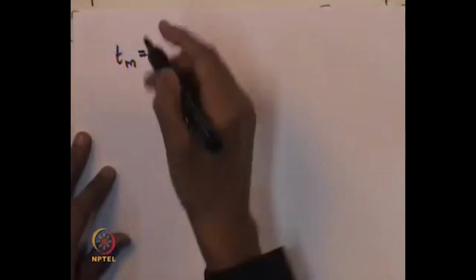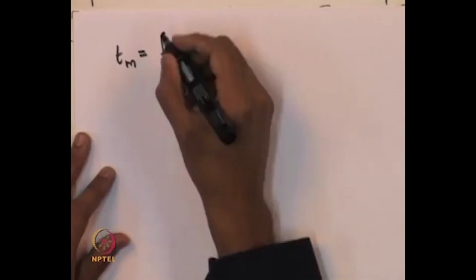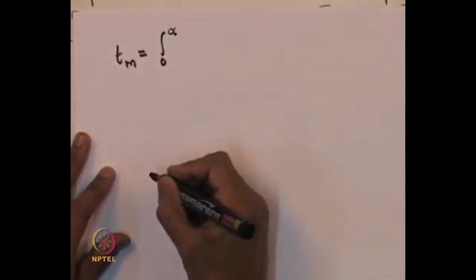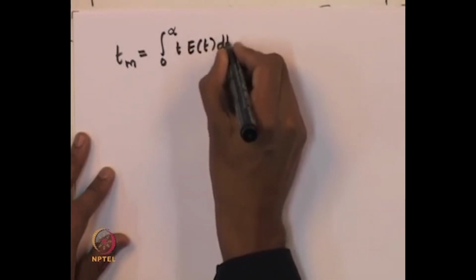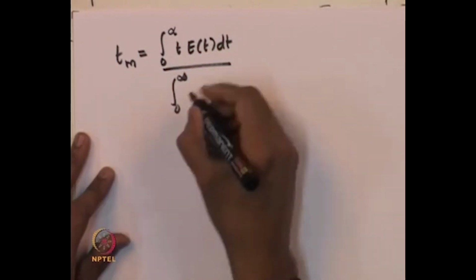T m, the mean residence time, is given by the first moment, as I mentioned a few moments ago, that is integral 0 to infinity t into E of t dt divided by integral 0 to infinity E of t dt.